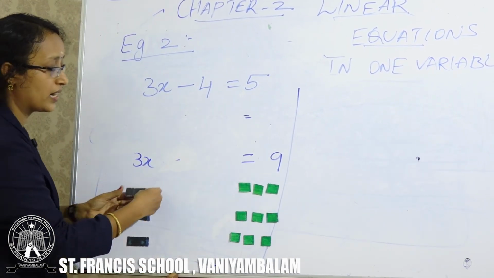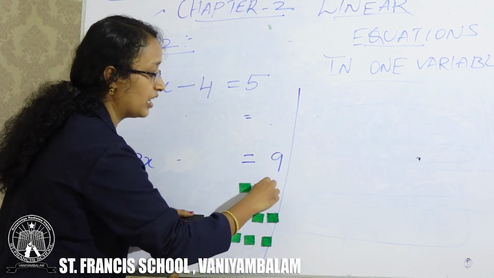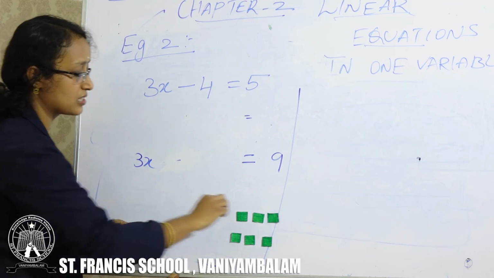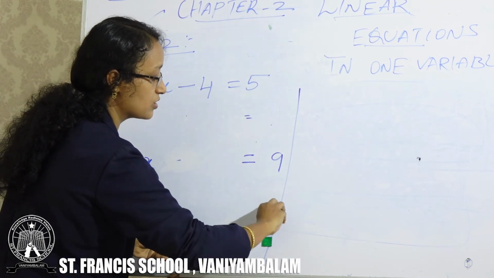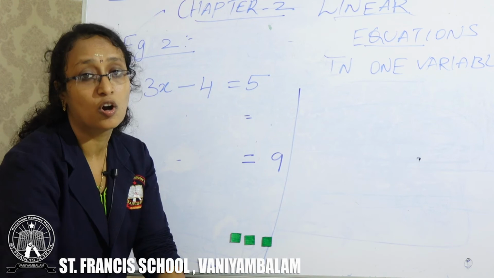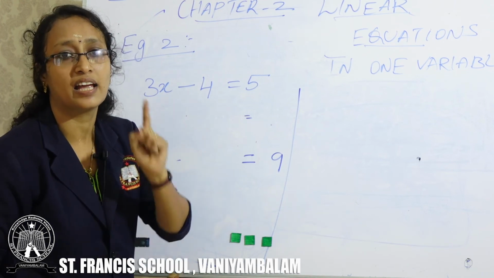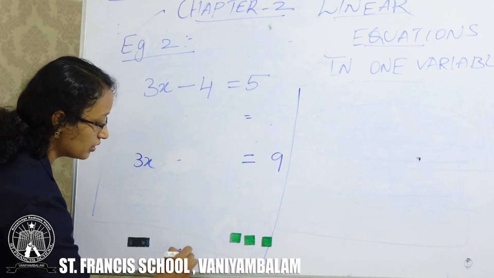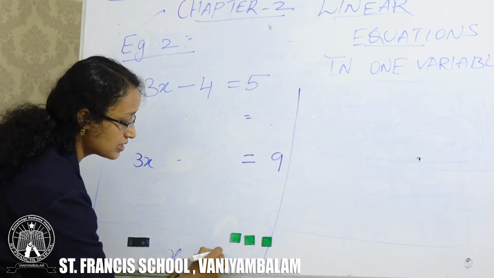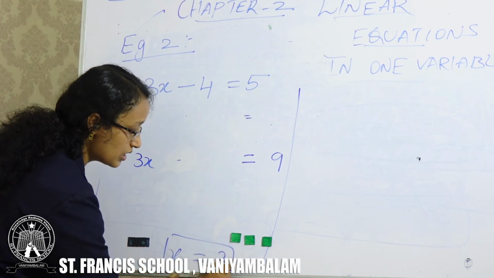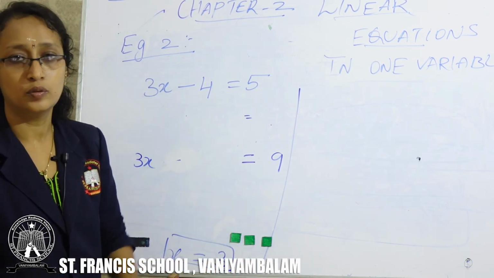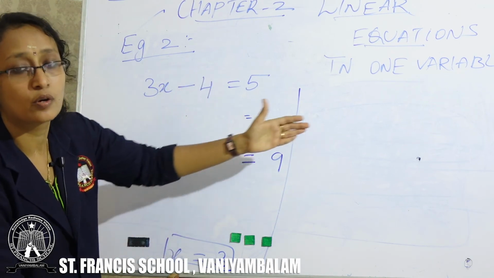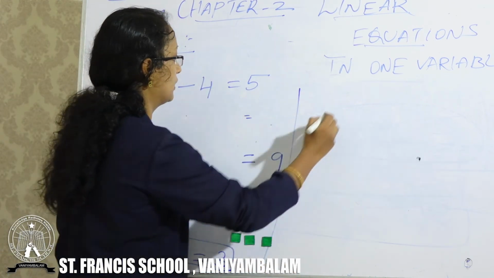So 1x is equal to 3 constant. You can remove this 3 constant, and one more x with 3 constant. So finally, our aim is to find the x value, that is the solution of an equation. So we got the solution, x is equal to 3. Got it?